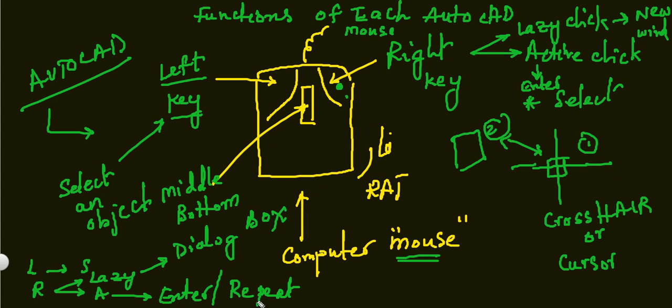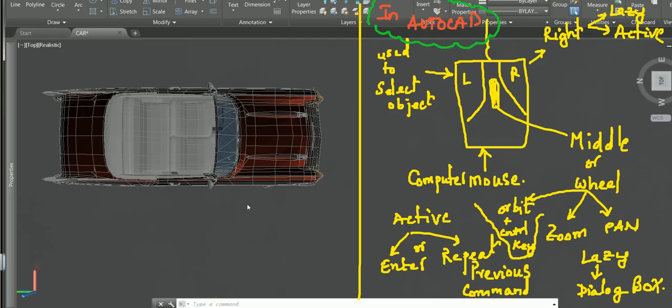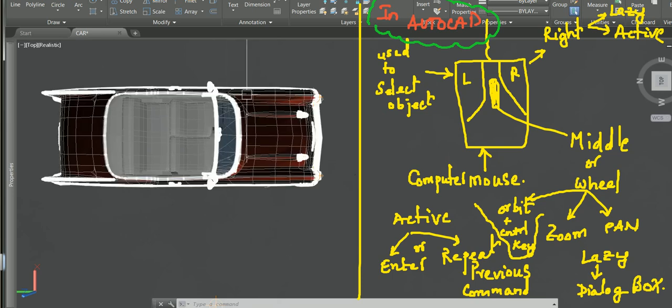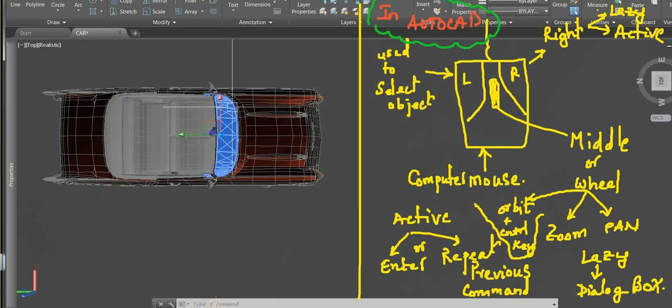Let me just show you in the software now. Things will be clear. So this is the software. In AutoCAD, the left click is used to select an object. This is the cursor. Now let's suppose I select an object, let's say this glass. See, selected.